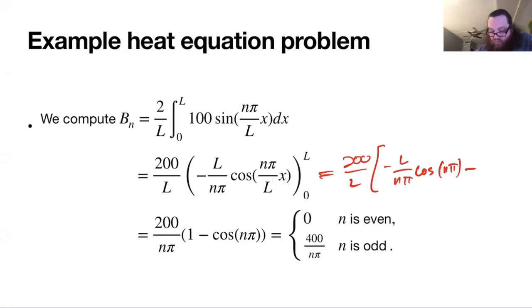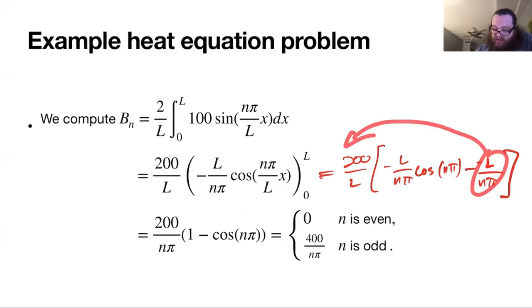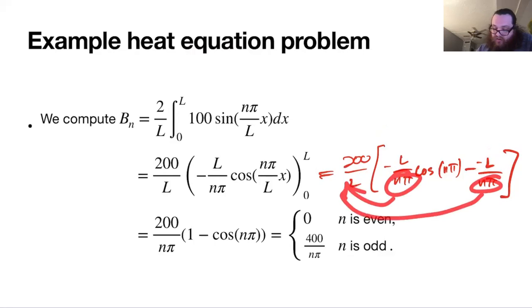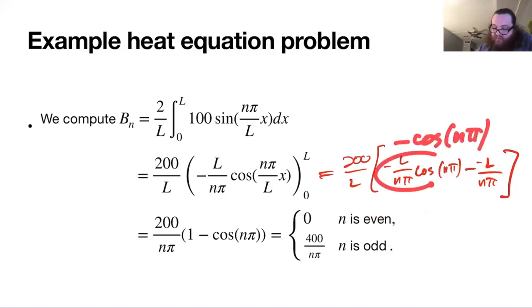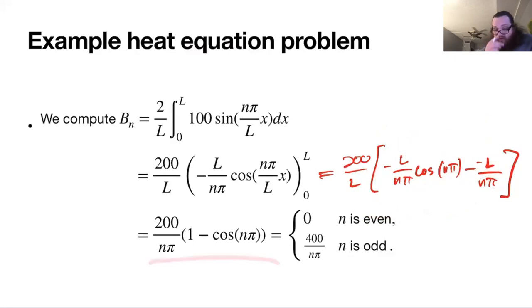Cosine of 0 is 1, so it's going to be minus L over n pi. The minuses cancel, and we pull out an L over n pi. The L's cancel, the n pi's come out here, and we're left with a plus 1 from this and a minus cosine n pi from this. That's exactly what we have here.